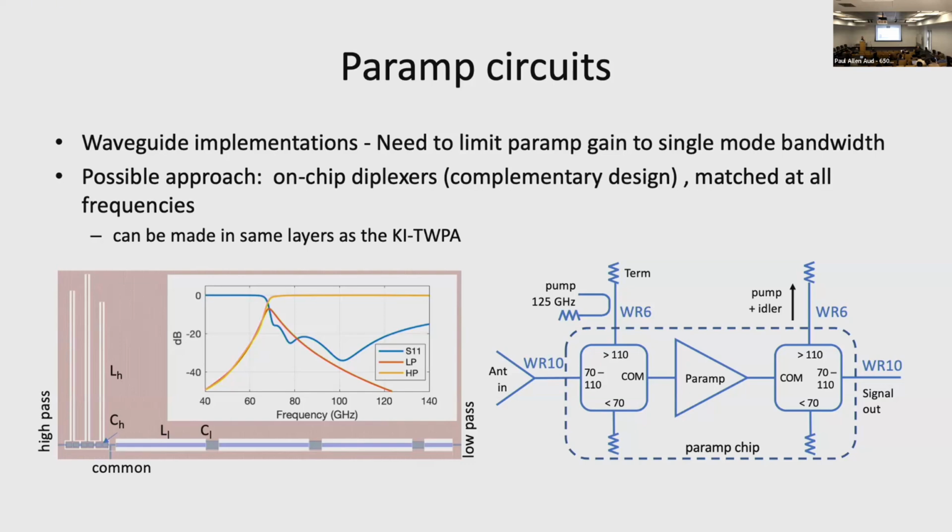And then we use contiguous band triplexers to send frequencies outside of the WR10 bandwidth to just terminations. And on the left is a simulation of just a diplexer circuit designed for wideband match, just to show that this should be possible.